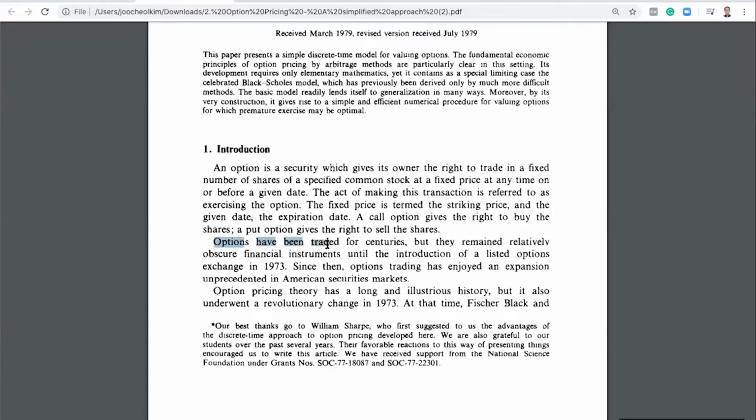And options have been traded for centuries, but they remained relatively obscure financial instruments until the introduction of a listed options exchange in 1973.